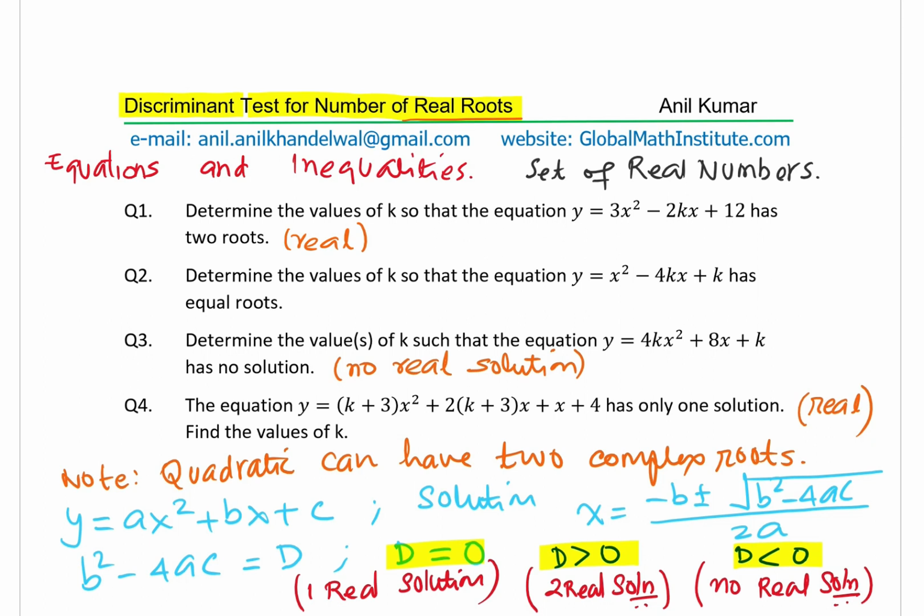We learned how to solve the inequalities, and to find the number of roots, we equated the discriminant, which is b square minus 4ac, to 0 for one real root, greater than 0 for two real roots, and less than 0 for no real root, to find the value of unknown, which in most of the cases was k. And as you can see, k had different positions in our equations, and we have therefore solved equations which had different positions of k. Sorry for this typing error, that x was extra here.